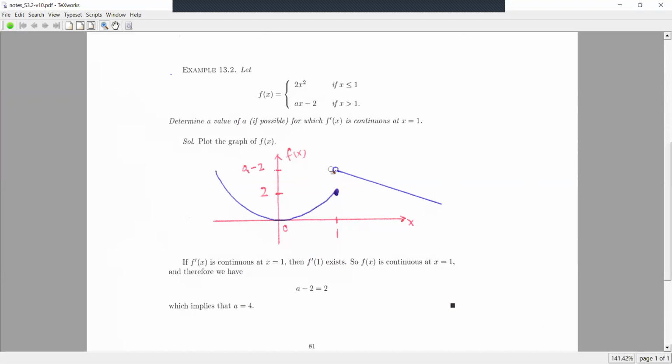If the graph not continuous at 1, derivative at 1 cannot exist. The graph of the function is continuous at 1. That means that the open dot and the solid dot, they coincide. Therefore, we have a minus 2 is equal to 2, this equation. From this equation, we get a is 4. This is the answer to this question.